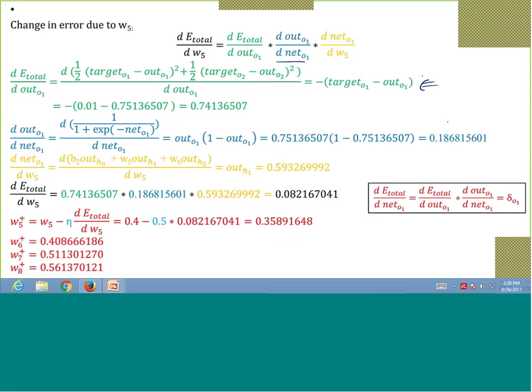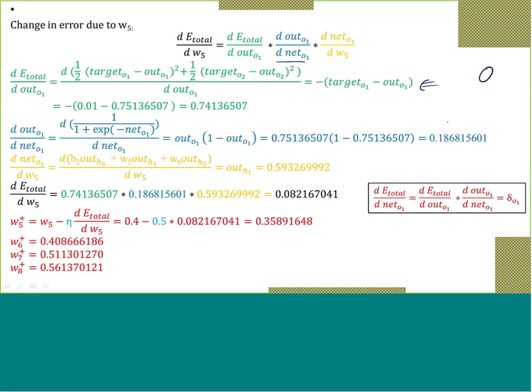If you remember, this was my total. This was my E01, and this was my E02, and the sum of these is the total error. So this is E01 total output.